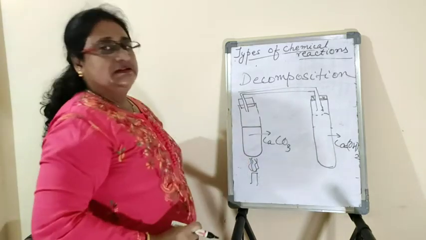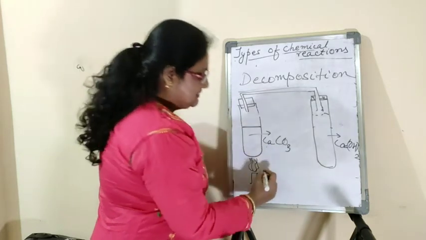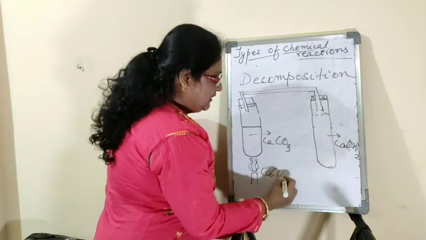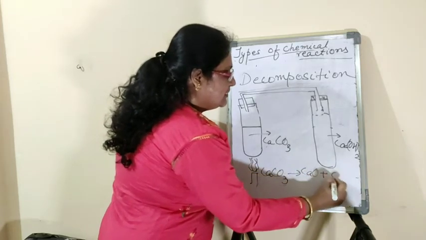After the calcium carbonate has been heated, what happens? It breaks down into two products, calcium oxide and carbon dioxide.